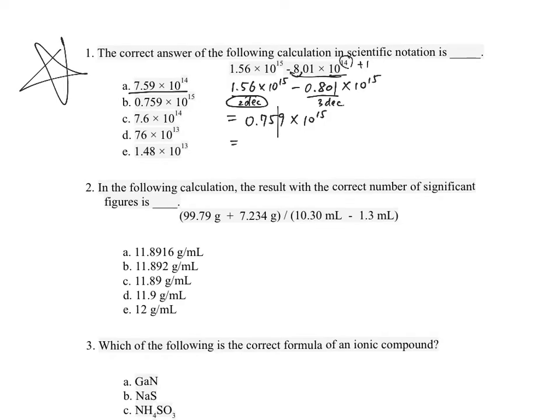So you have to round up your 9 and turn it into 0.76 times 10 to the 15th to keep your 2 decimal places. Of course, we also ask for your final answer in scientific notation, and 0.76 times 10 to the 15th is definitely not scientific notation because 0.76 is less than 1.